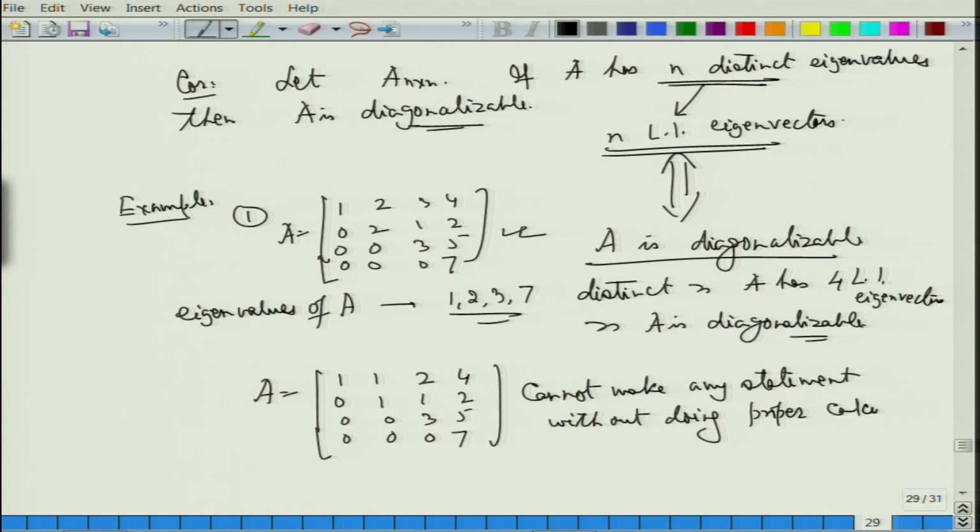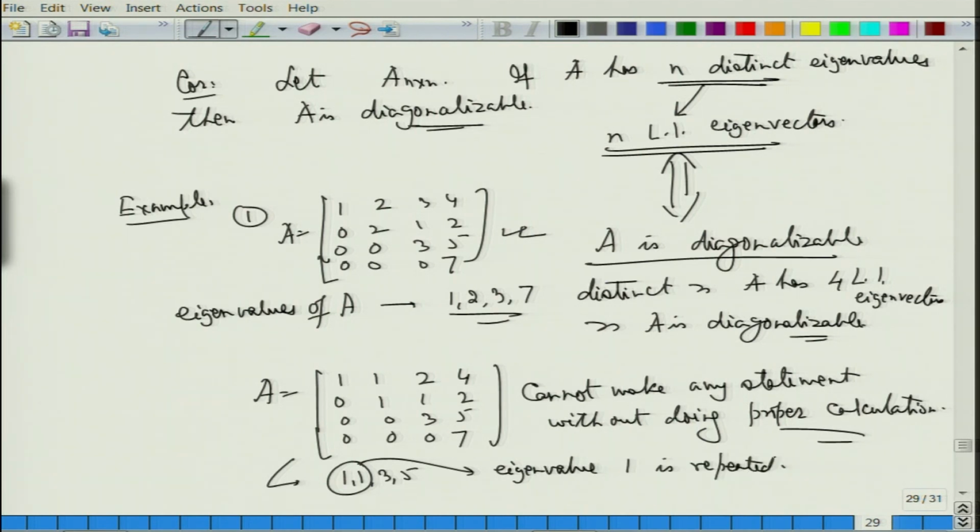So I will have to calculate here, because I do not have any theorem which will say that this is diagonalizable. This may be diagonalizable, this may not be diagonalizable, but you have to compute, because here the eigenvalues are 1, 1, 3, 5. So there is an eigenvalue which is repeated. Eigenvalue 1 is repeated. All right. So whenever something is not repeated, everything is nice, otherwise there is a problem. All right. So that's all for now. Thank you.